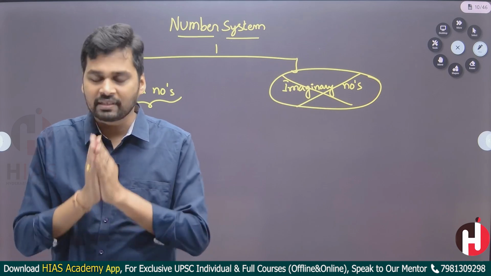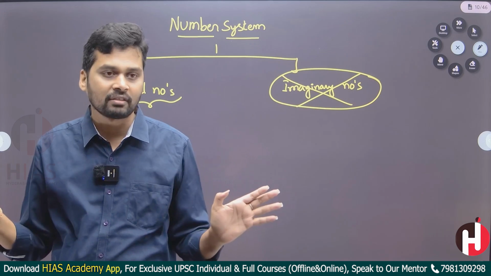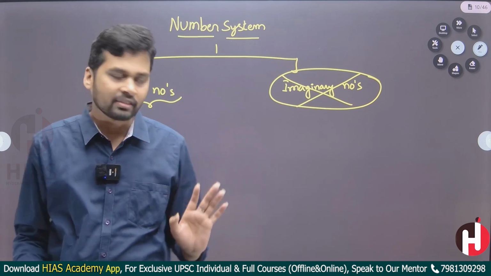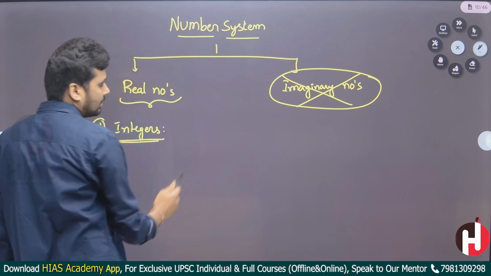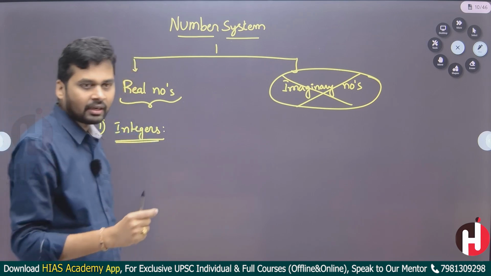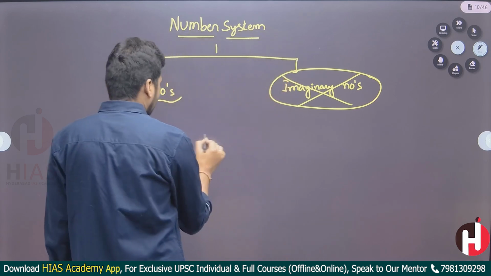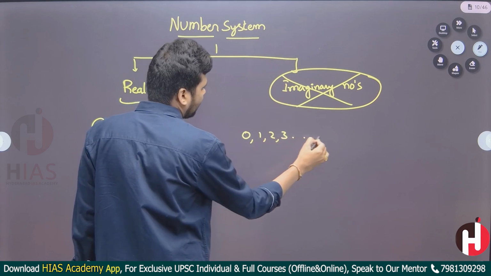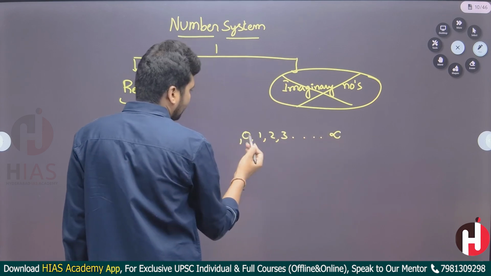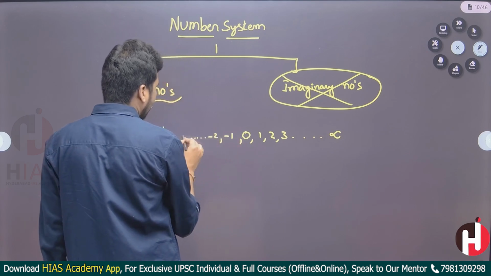So there are no decimals and no fractions. Those are integers: real numbers without decimals and fractions.